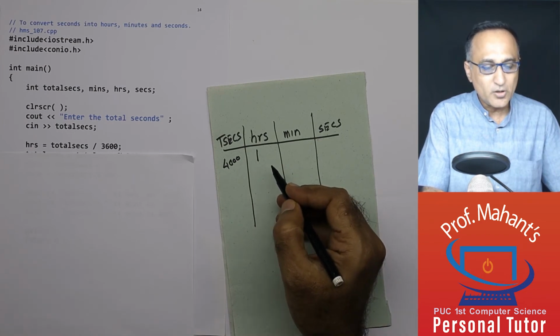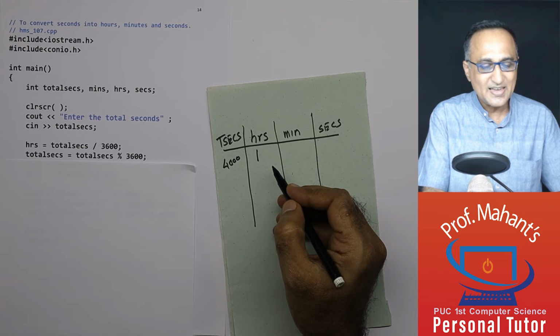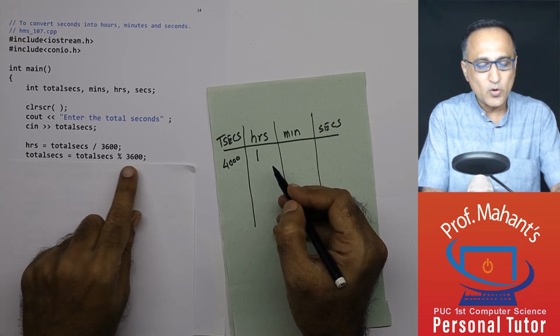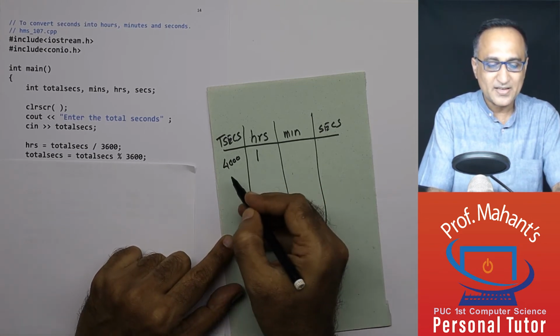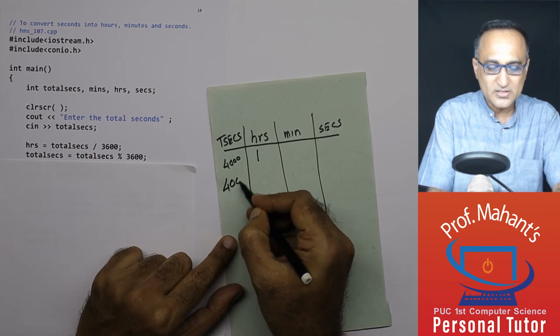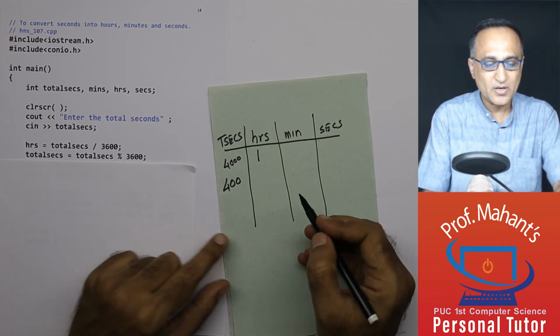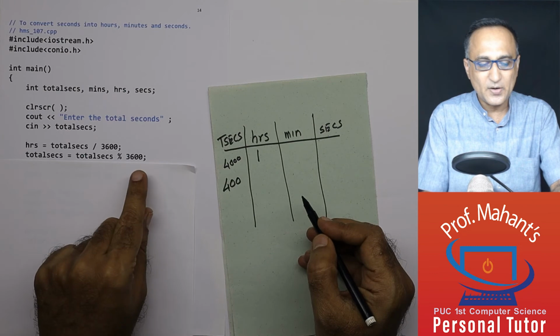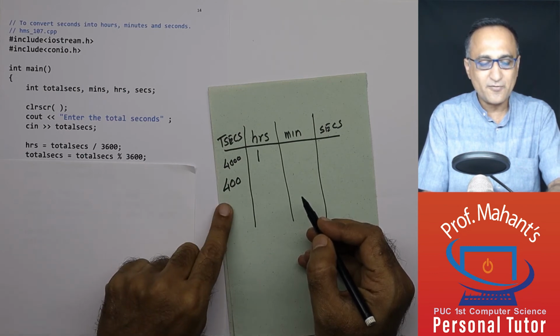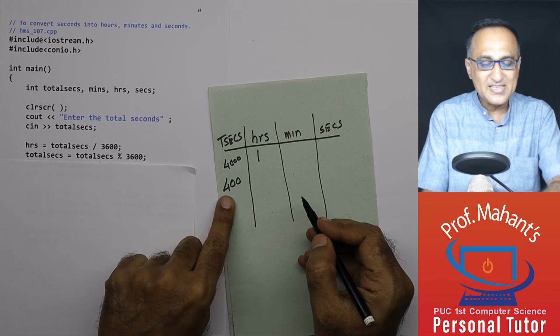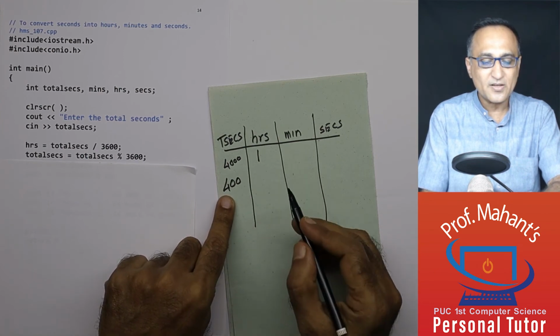In order to get the 400 seconds, I take total seconds and do a modulus with 3600. So total seconds now becomes 400, since 4000 divided by 3600 leaves a remainder of 400. Now I can easily calculate how many minutes is 400.